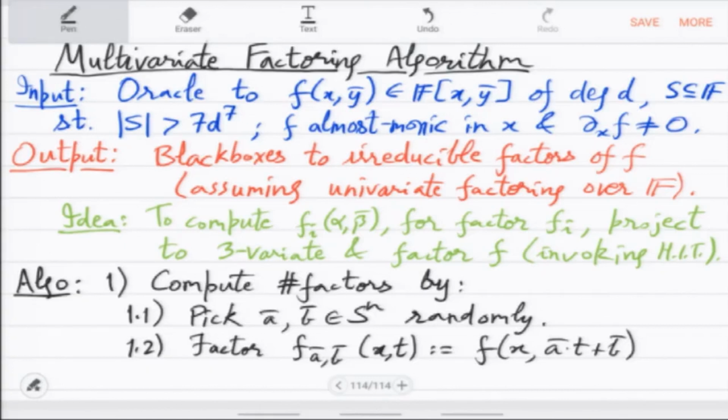That's the bivariate projection as used in the proof of Hilbert's irreducibility theorem. Factor this. So let Fi tilde be the L many factors.